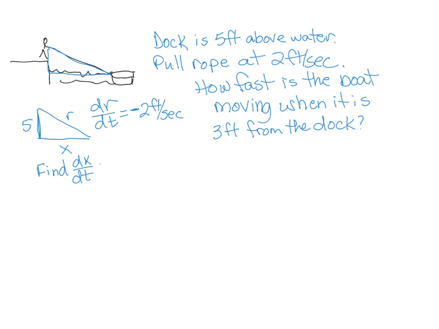So find dx/dt when the boat is 3 feet from the dock. That means x equals 3 feet. We have the same situation. x squared plus y squared equals r squared. And we know that y is always 5.